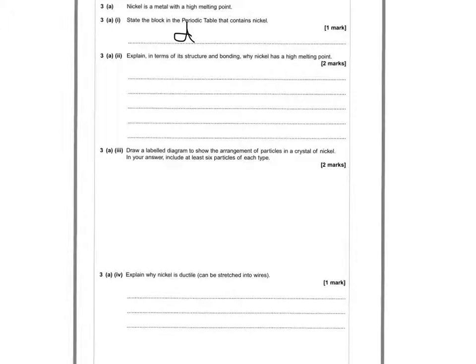Part 2, explain in terms of its structure and bonding why nickel has a high melting point. So they tell you in the question that it is a metal. Hopefully you've worked out that it's metallic bonding. You don't get any marks for identifying that it's metallic bonding. You get a mark for explaining that metallic bonding and why it has a high melting point. The first mark is for the idea of you've got positive ions and delocalized electrons.